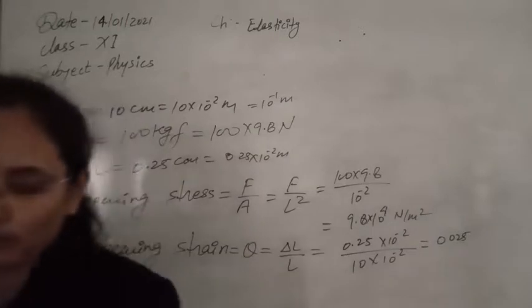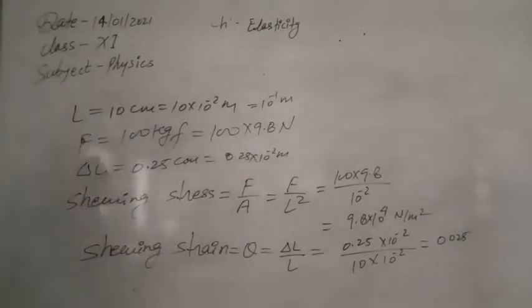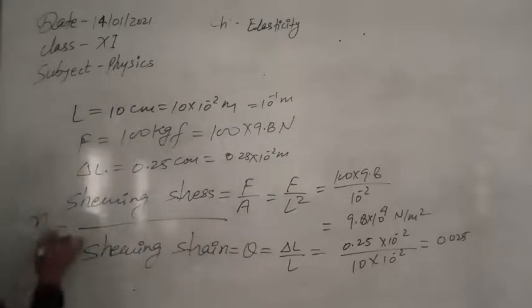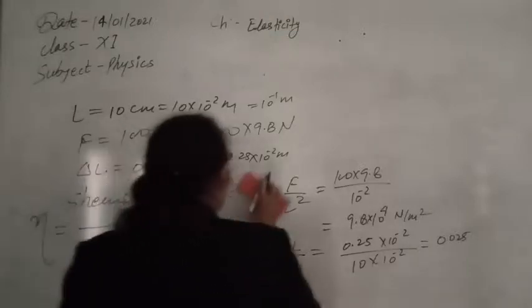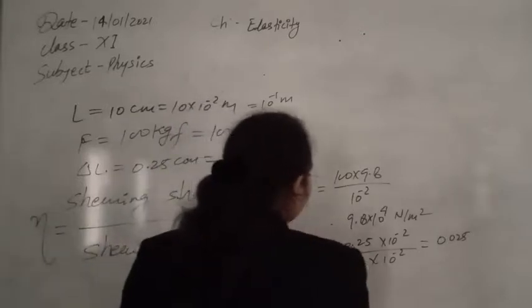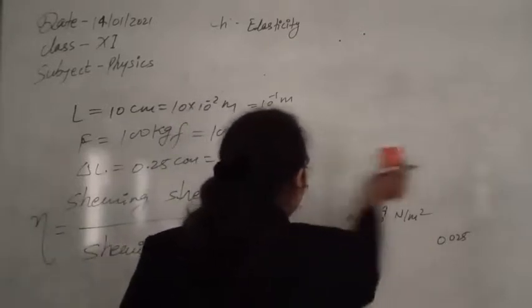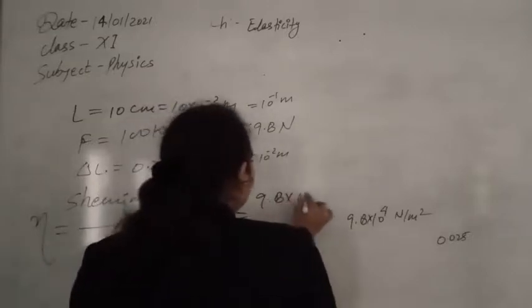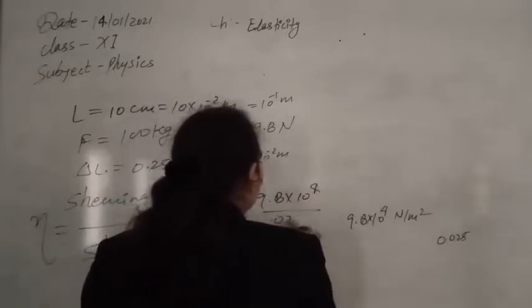Now the third term we have to find out is the modulus of rigidity. As you know, the modulus of rigidity is the ratio of stress to strain. So we take the ratio of shearing stress to shearing strain, which is called the modulus of rigidity. That is 9.8 into 10 to the power 4 upon 0.025.